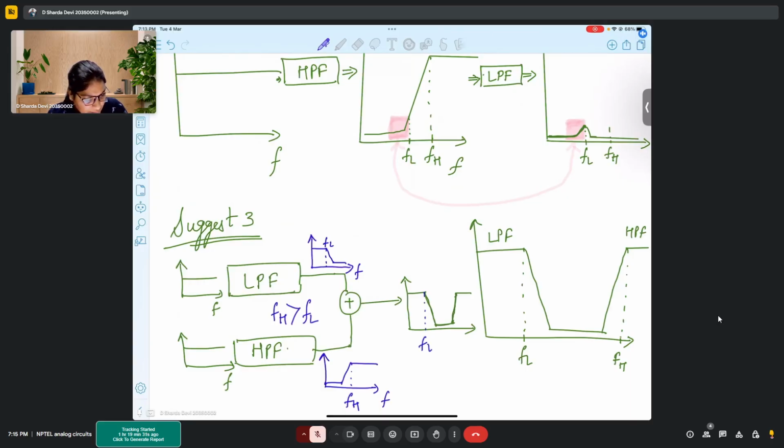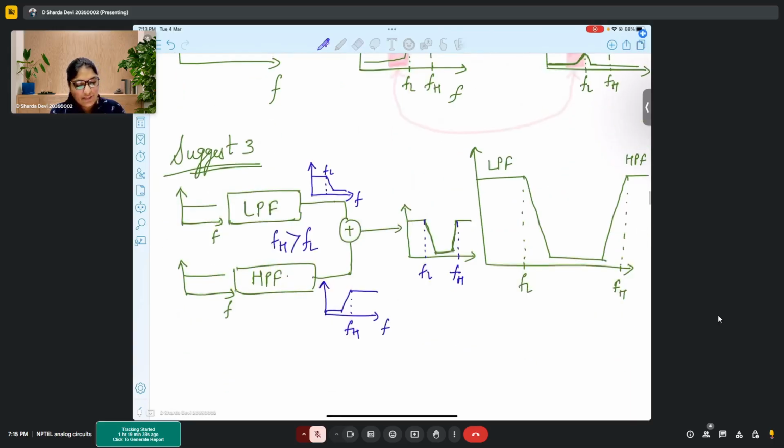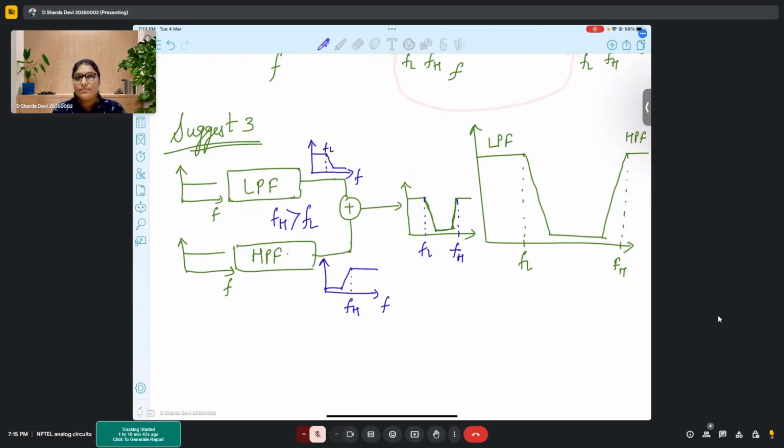So what I get is FL here, FH here. So this works, right? Any doubt in suggestion 3? So what we did is we are using a low pass filter and a high pass filter in parallel. And then we are adding or summing their outputs together to get the band stop behavior.